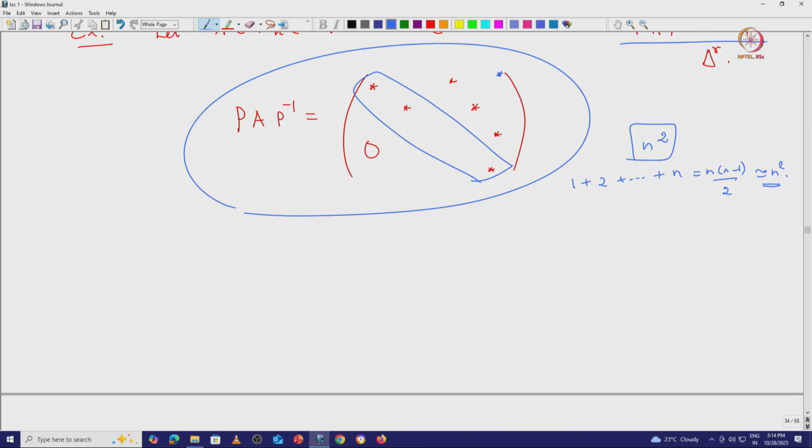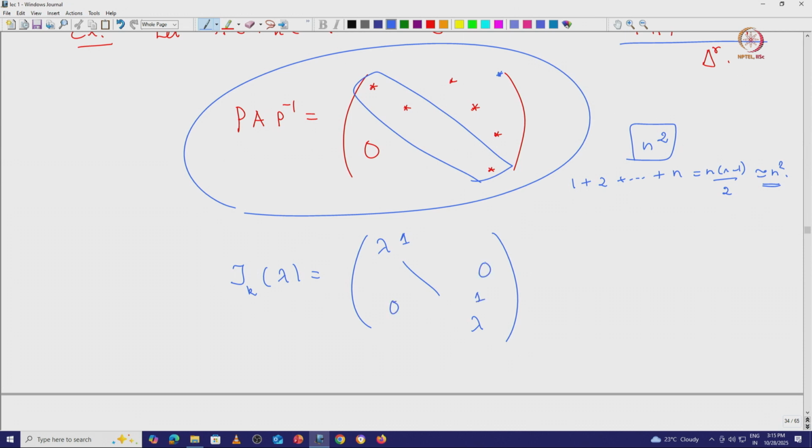If you think about the Jordan canonical form, the k by k Jordan block looks something like this. The lambdas are kept on the diagonal and the ones are kept on the first lower off-diagonal, or one can use the upper triangular form as well, 1 1 1, and then 0 elsewhere.